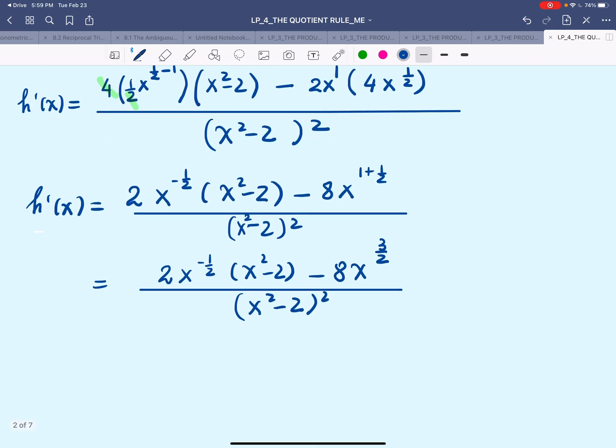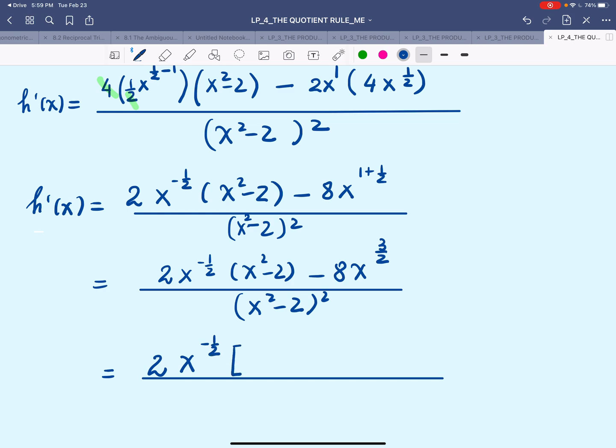Now, remember that we need to take the greatest common factor out. So we have numbers 2 and 8. Common factor, 2. We also have x to the power of negative half, x to the power of 3 over 2. That means that the common factor will be x to the lowest power, which is negative half.